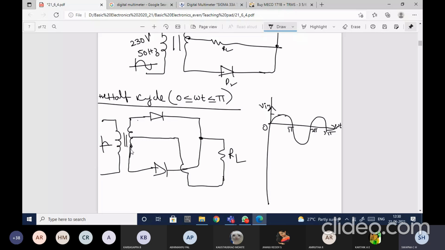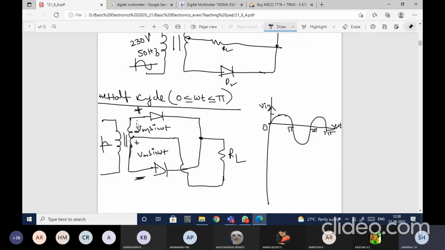Here I'm giving the positive voltage, so this will become positive and this will become negative. As I've already mentioned, the voltage here will be divided equally. It will be Vm sin omega t here, and also Vm sin omega t here. Here there is a center tapping, so with respect to this positive, here it will become negative, and with respect to this negative, here it will become positive. This is how the voltage will appear between the upper part and the lower part.